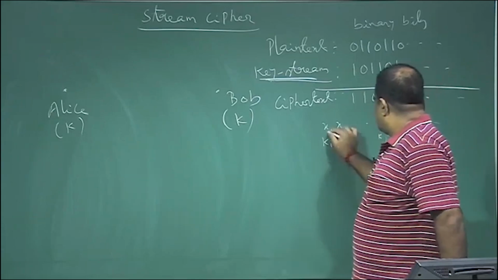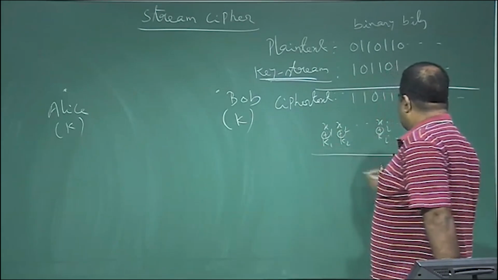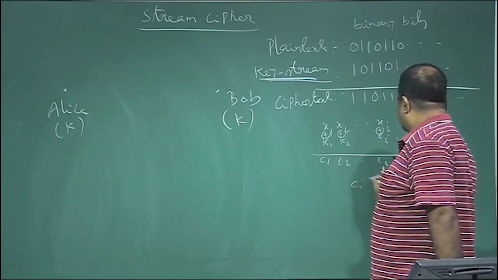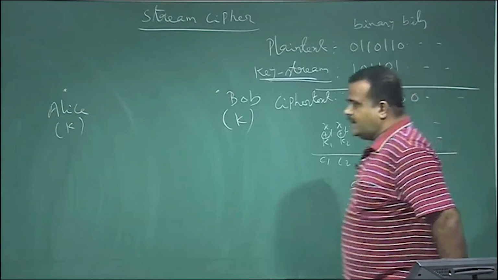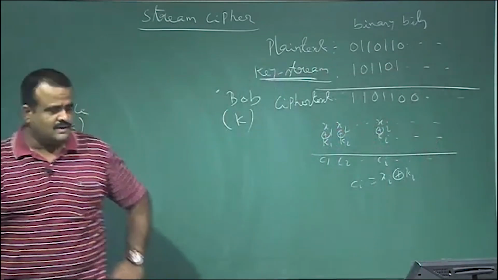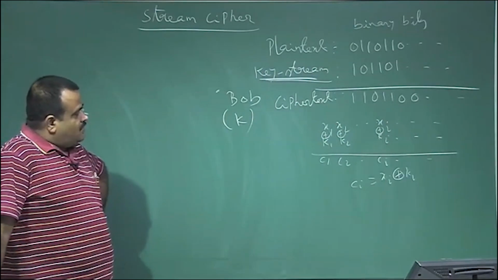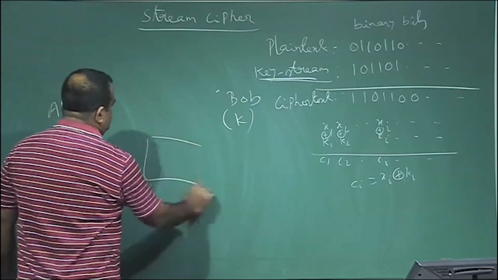Now we do the bitwise XORing, and we get C1, C2, Ci and so on. So Ci is basically Xi XOR Ki, the ith bit of the plain text XOR with the ith bit of the key stream.